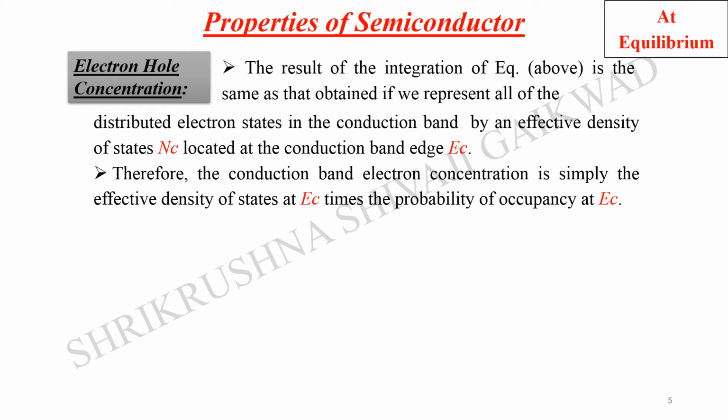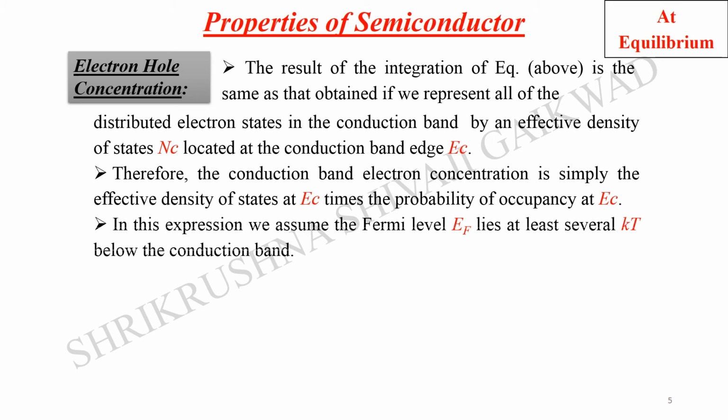Therefore, the conduction band electron concentration is simply the effective density of states at Ec times the probability of occupancy at Ec, meaning f of Ec, and n of Ec is given.